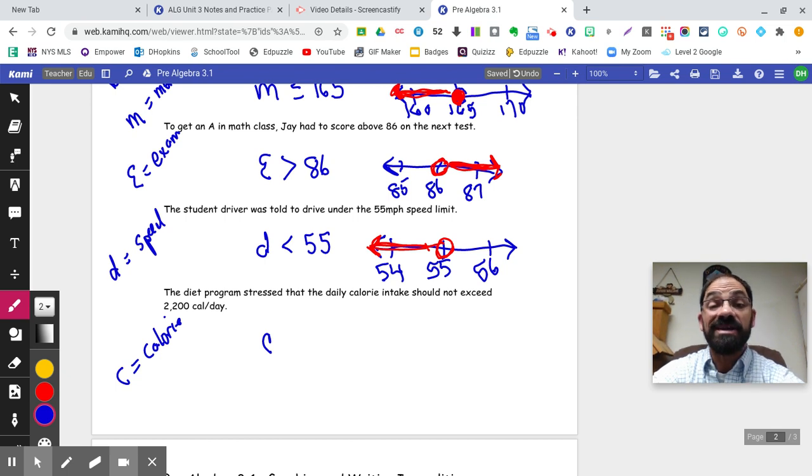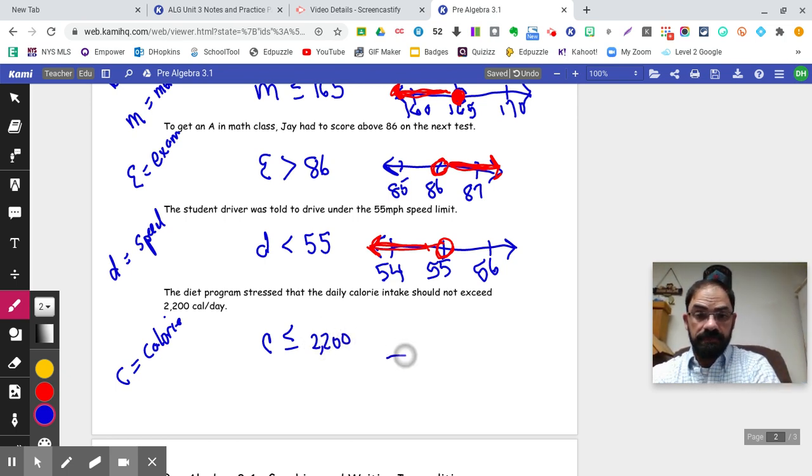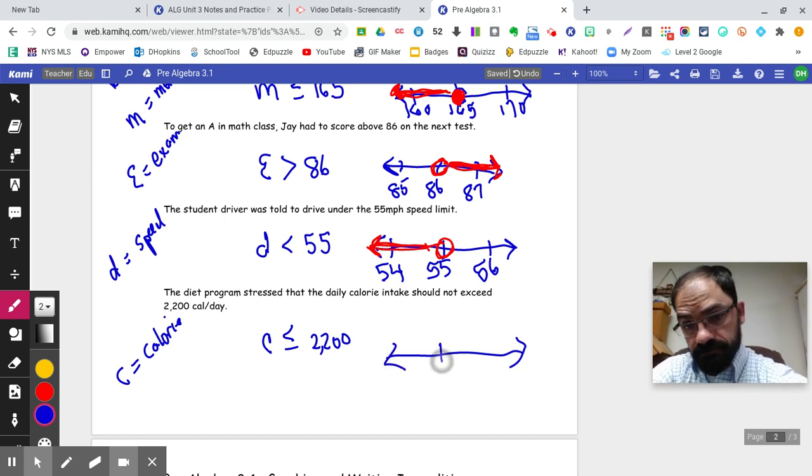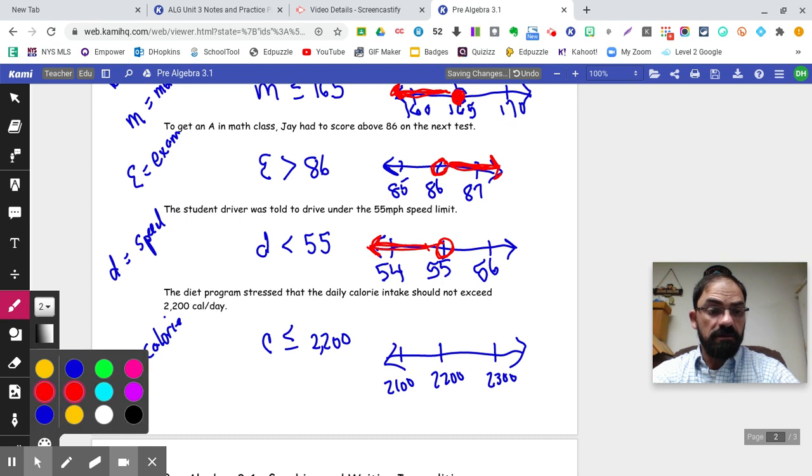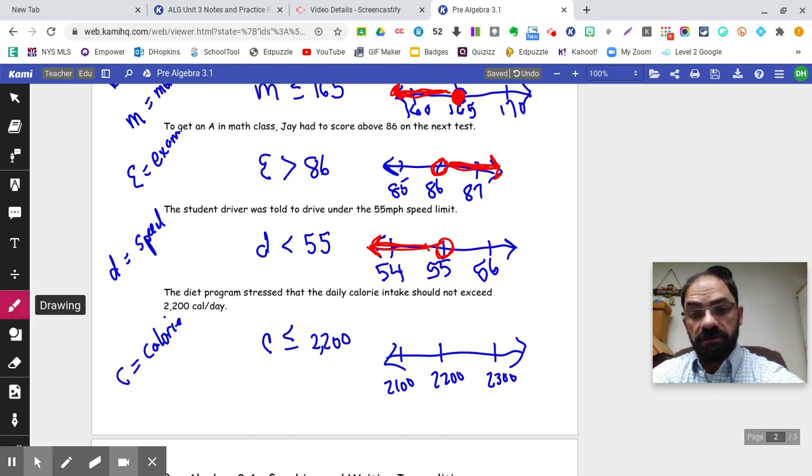I sure can. I just cannot go over it. So less than or equal to 2,200. And that is a closed circle because I can be equal to it, and it is shaded this way.